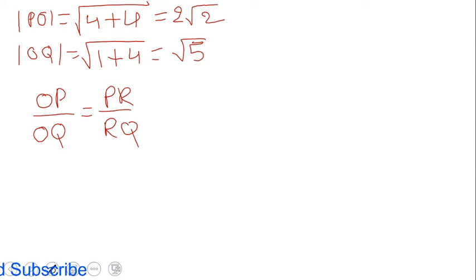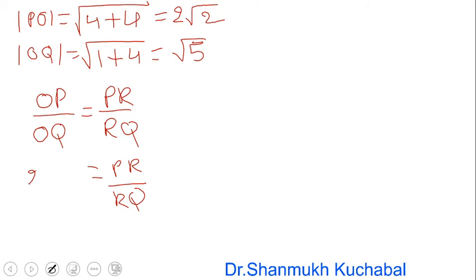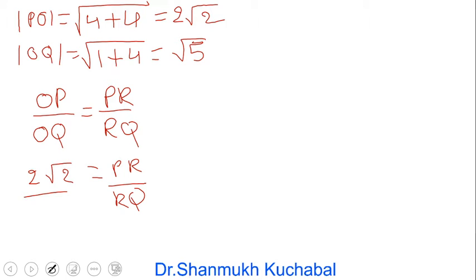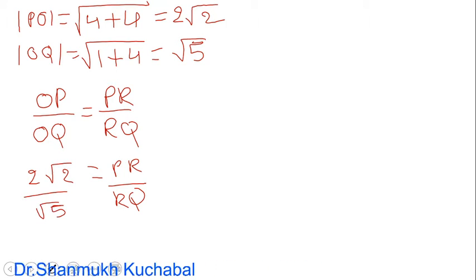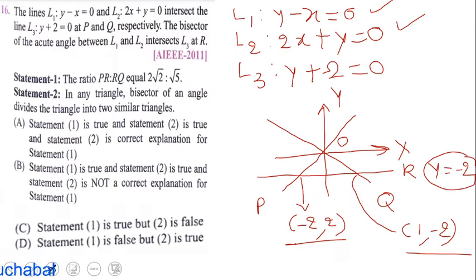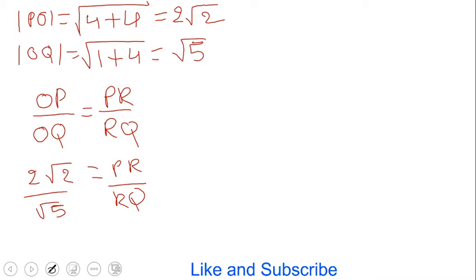PR upon RQ, with the length of OP being 2 root 2 and the length of OQ being root 5, which we just calculated. From this we conclude that statement 1 is true, because PR is to RQ equals 2 root 2 is to root 5. So we got an answer over here.